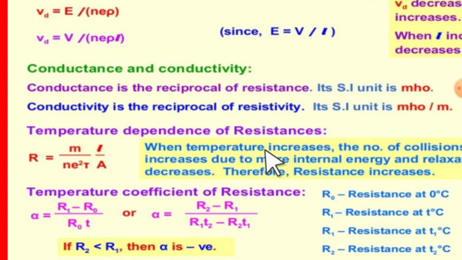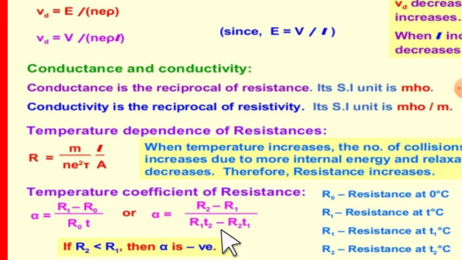Due to the thermal collisions, the average relaxation time tau decreases. As these two are inversely proportional, as tau decreases, R will increase.